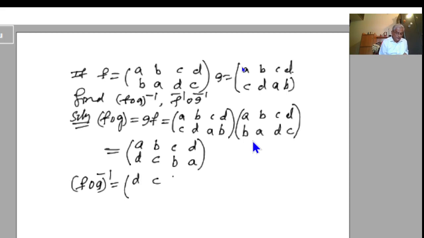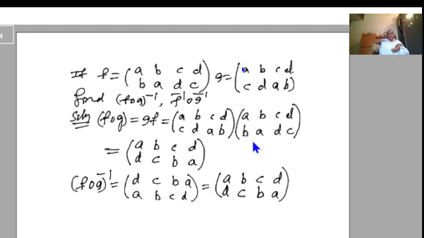D, C, B, A over A, B, C, D. This is equal to writing the first row in ascending order, that is first A, then B, then C, then D, along with its images: A to D, B to C, C to B, D to A. This is our F composition G whole inverse. Okay, so this one we found.